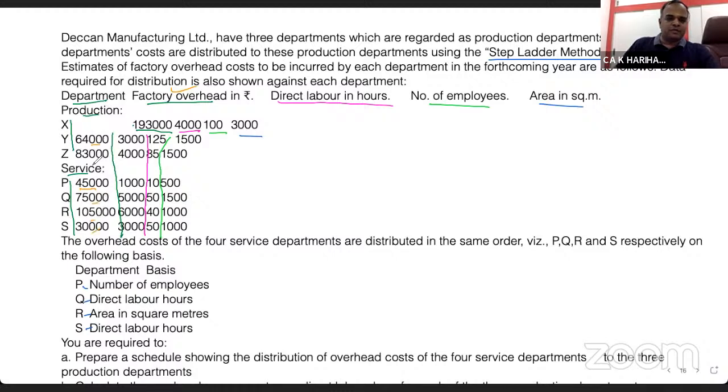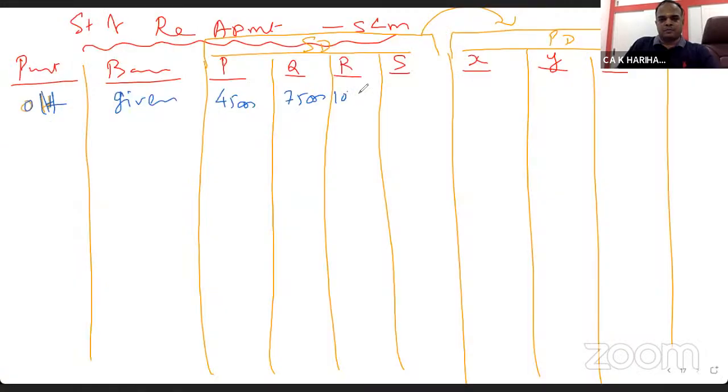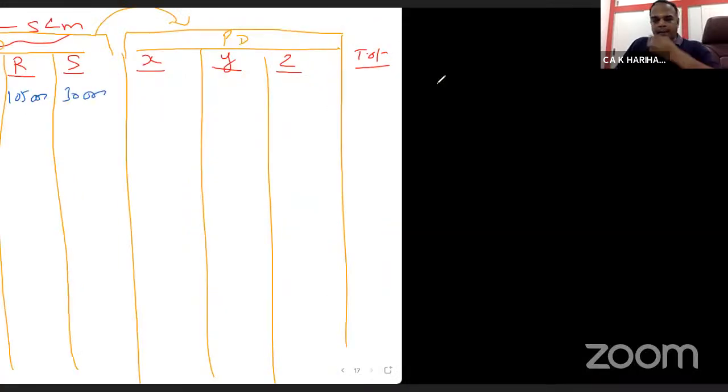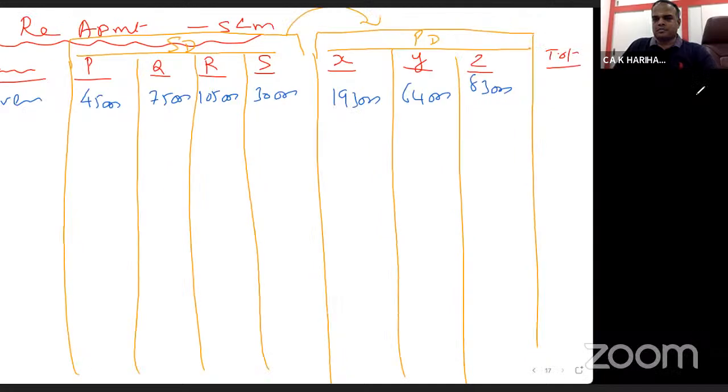Q 75,000, R 1,05,000, S 30,000, X 64,000, Y 1,93,000, Z 64,000 and 83,000. So the overheads given in this question are 45,000, 75,000, 1,05,000, 30,000, and for X, Y, and Z, and they can make a total.